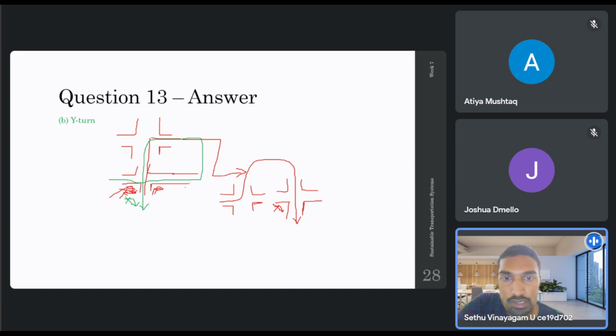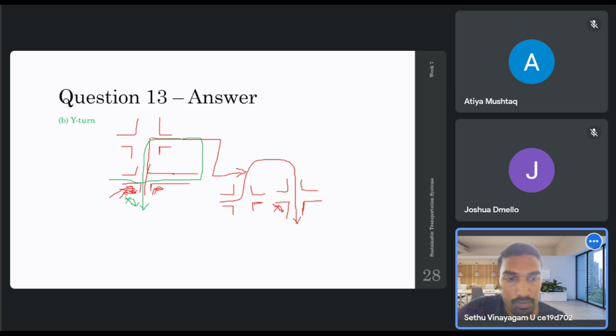So the difference between G and Q is, in a G turn, they were diverted at an earlier intersection, whereas in a Q turn, they are diverted at a later intersection. So they cross this intersection straight, go, and then come back, and then make the turn, right? So that's how these three different intersection prohibitions are handled.